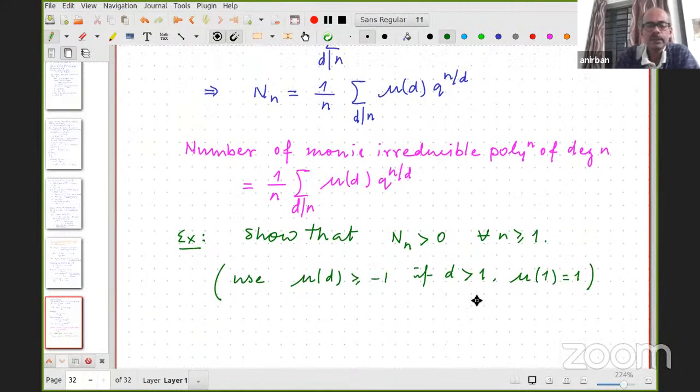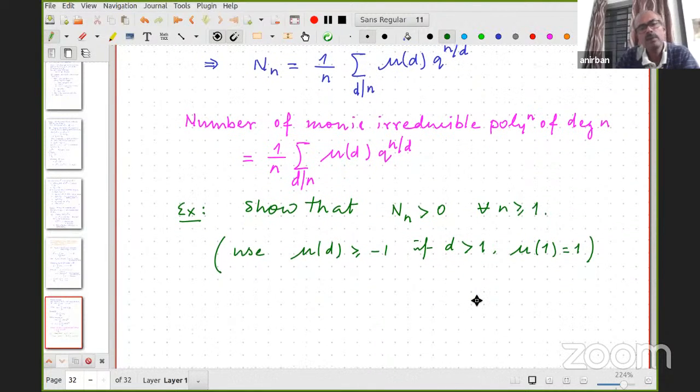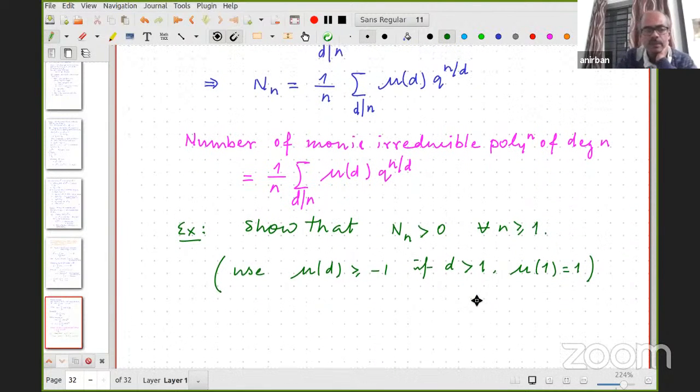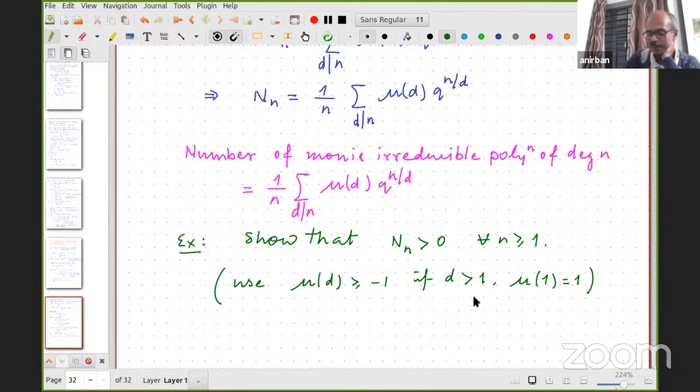So what does it mean? It means that given a natural number n greater than 0, the set of monic irreducible polynomials of degree n is non-empty for every n.